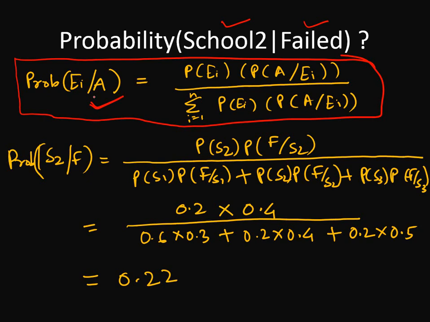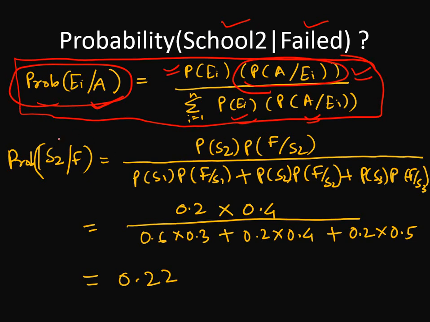Probability of Ei given an event A is nothing but probability of Ei times probability of event A given Ei, divided by the total probability of A. Now you see that this conditional probability is exactly opposite of that conditional probability, right? So we know the probability of failed given school 1, given school 2, and given school 3. That means we have been given this portion, and we also have all these things, and then we simply have to put the values and get the answer.